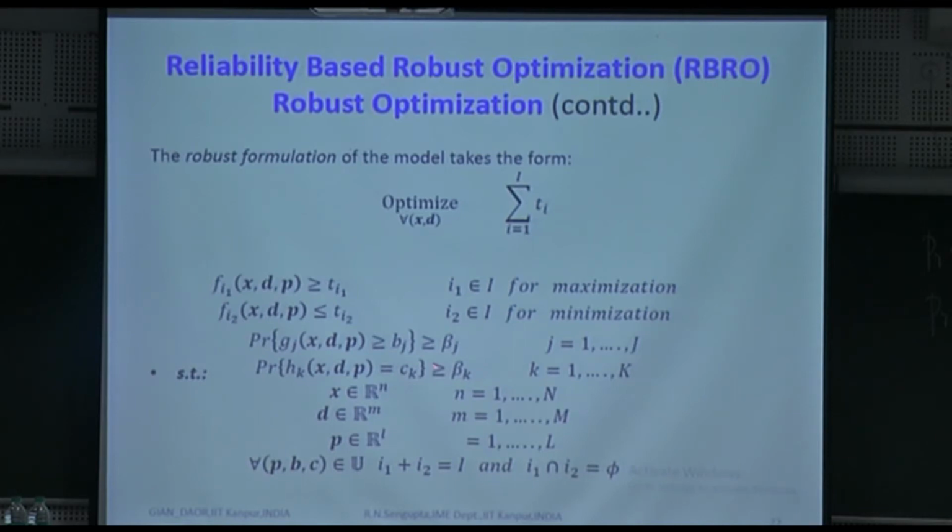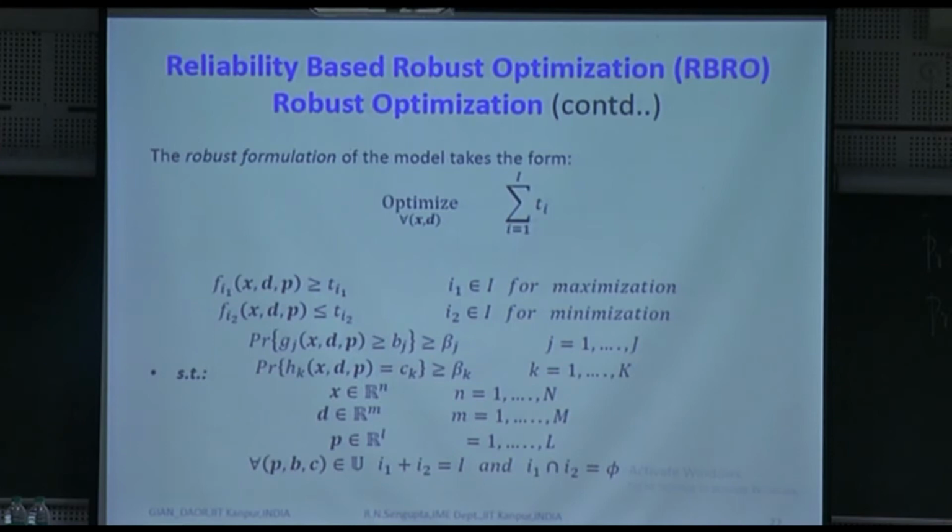So what are these further changes? Consider the optimization problem, which, if you remember, had different f_i of x for i equal to 1 to capital I. I am converting that: it is divided into two sets whose intersection is the null set, where I1 of them are maximization and I2 of them are minimization, and I put a bound. These bounds are given by the sense of robustness I want in my answer.